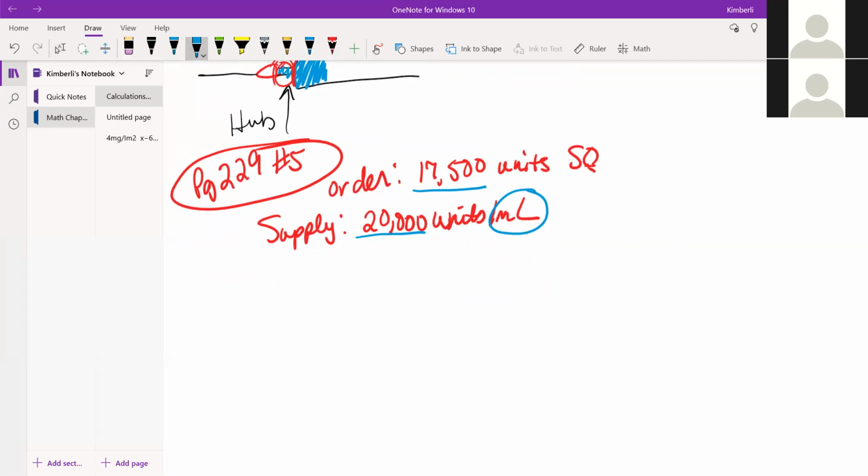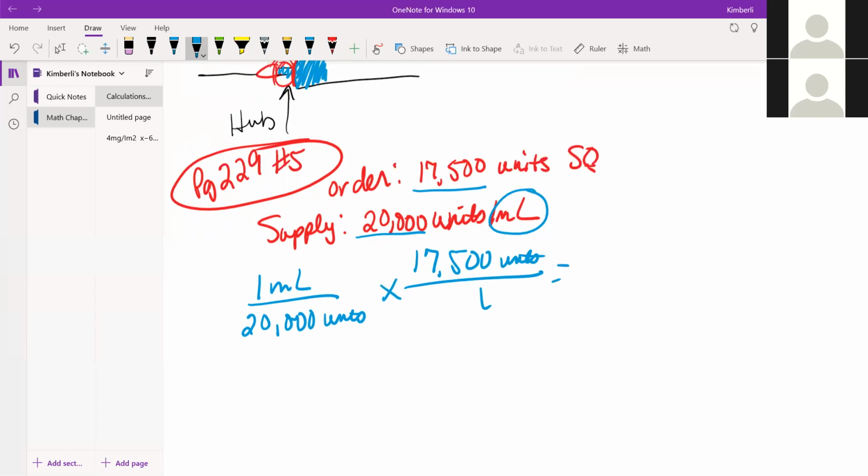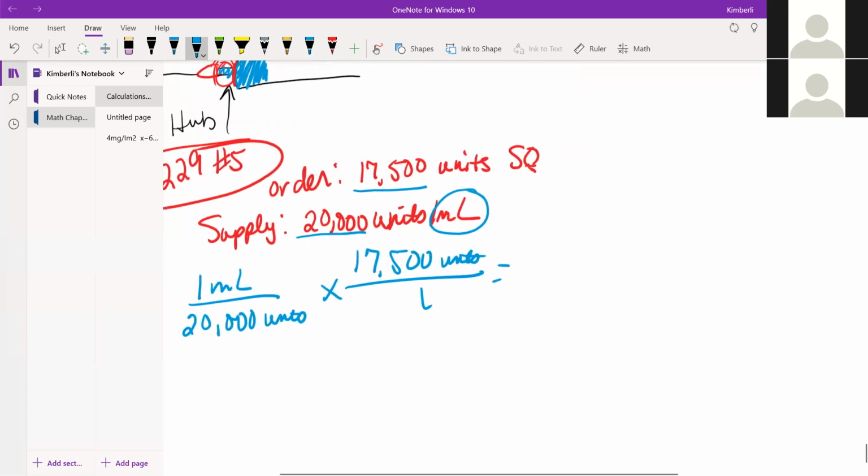Yes. Okay. So doing the math, 1 milliliter contains 20,000 units. And I want to give the patient 17,500 units. So that's going to give me 17,500 divided by 20,000.